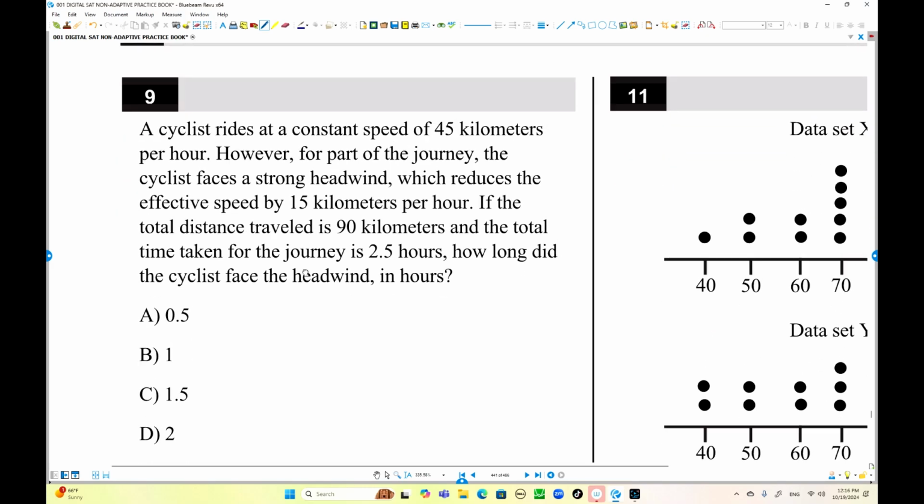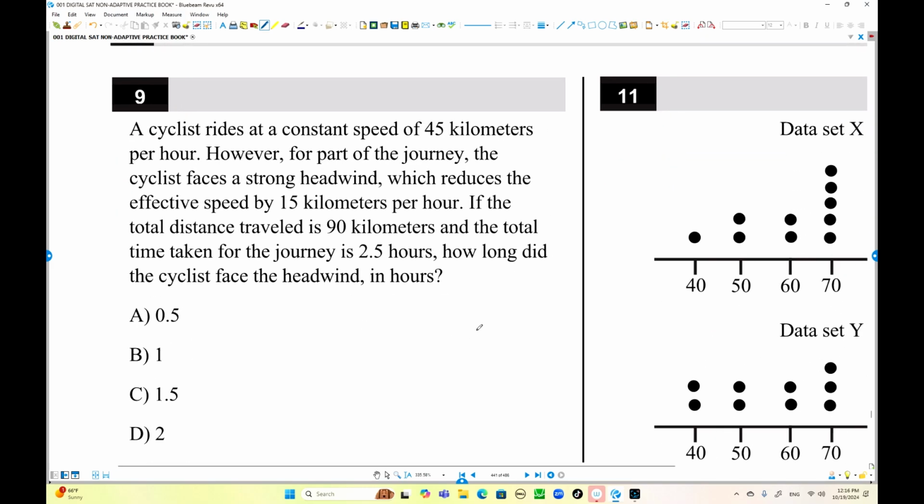Here is number 9. A cyclist rides at a constant speed of 45. You can read the question. There's a strong headwind. They reduced speed by 15. The second speed is 45 minus 15, which is 30, right? The first speed is 45 kilometers per hour.